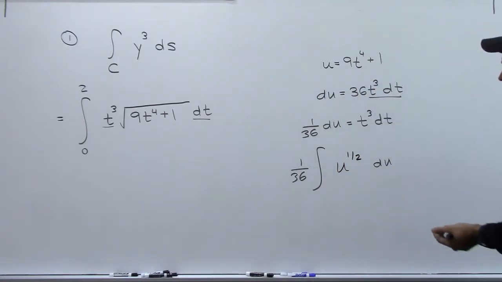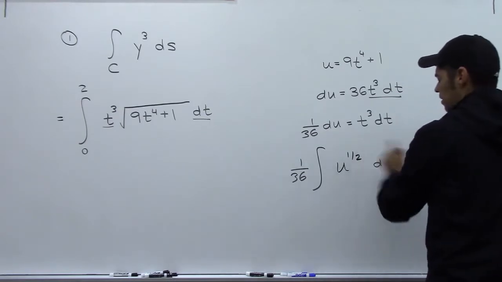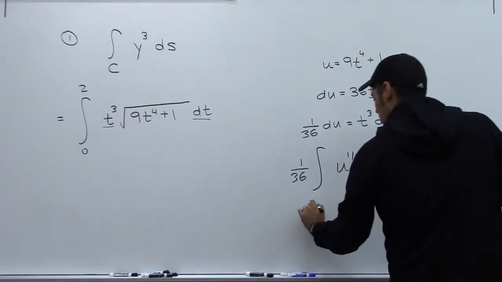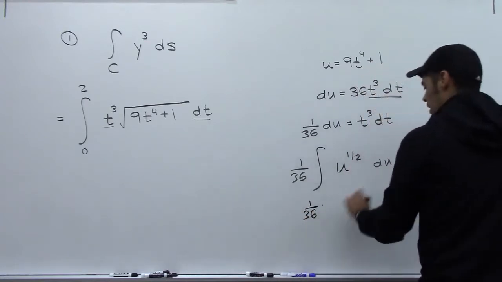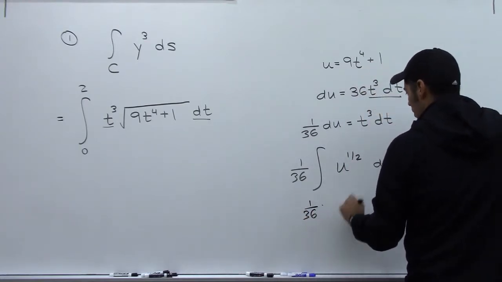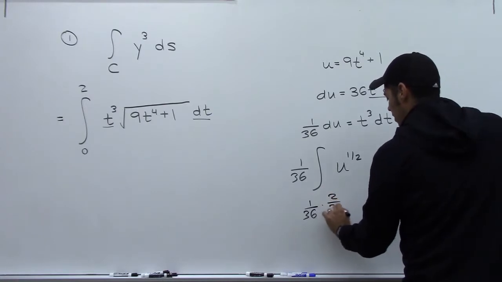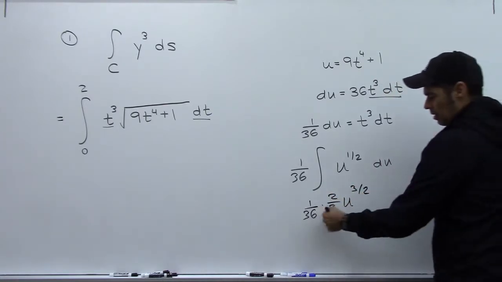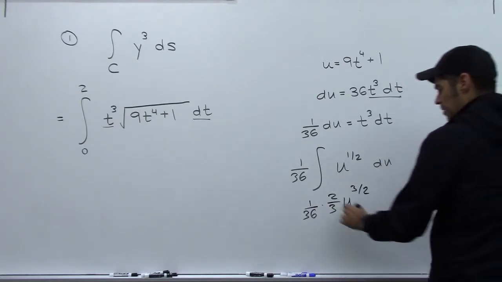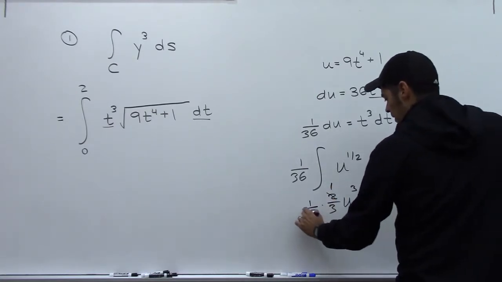Now take the antiderivative of this, so add 1 to this, you get 3/2, so 1/36 times, you have to scale in front, 1 over 3/2, same as 2/3, u to the 3/2. And then I can clean this up a little bit. Let's see, 2 goes in here.